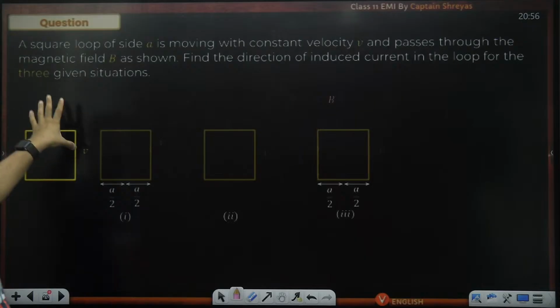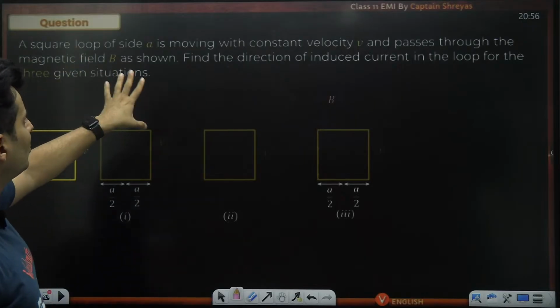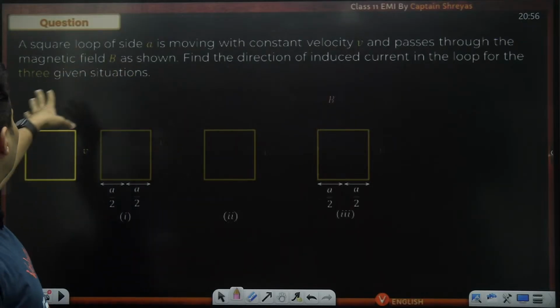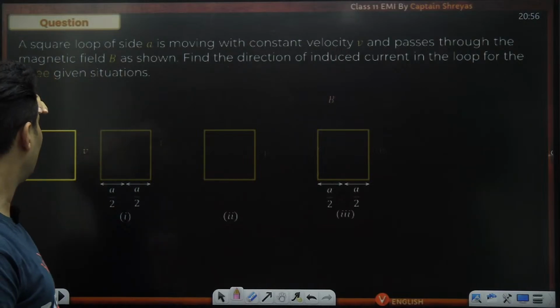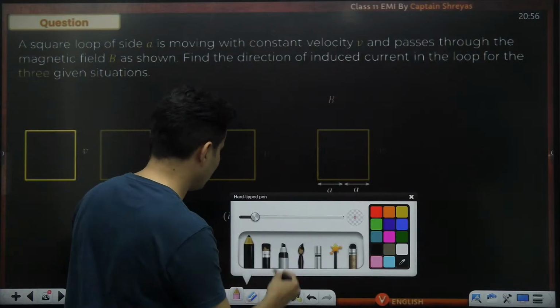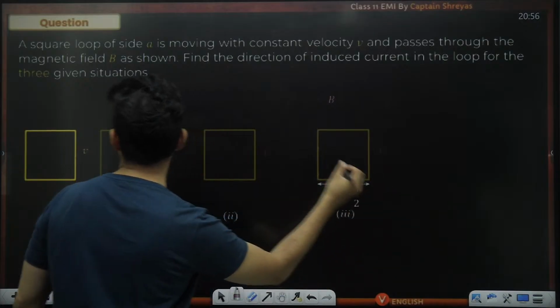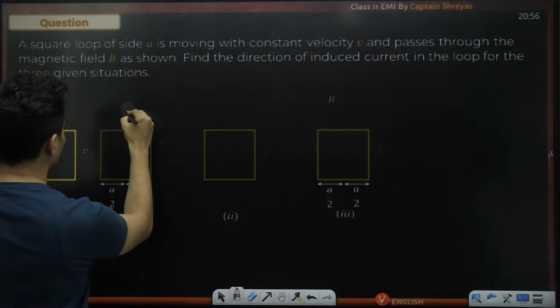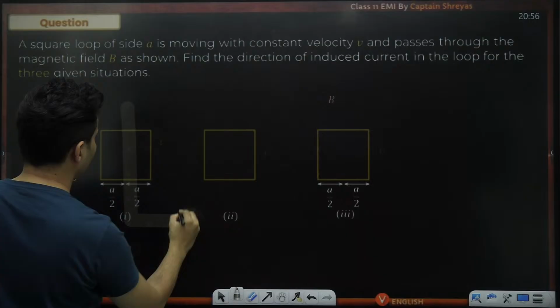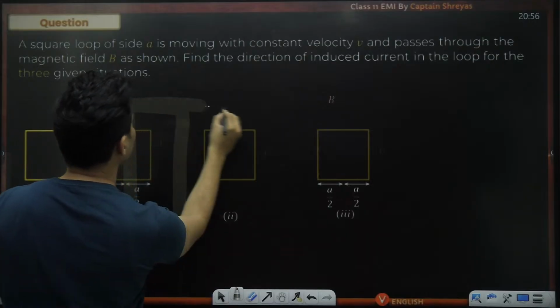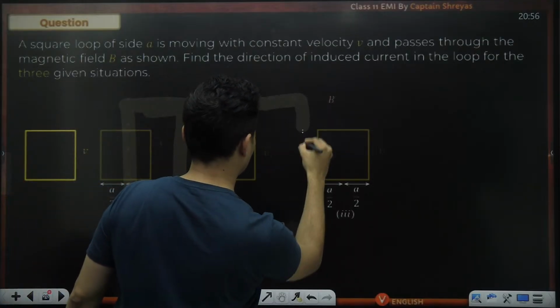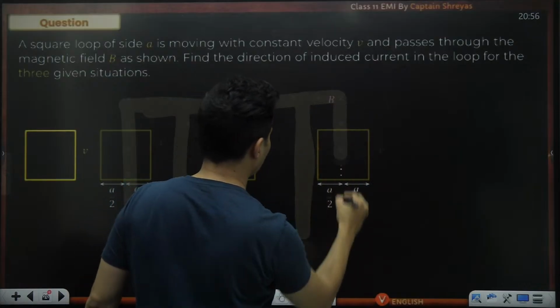There is a square loop of side A which is moving with a constant velocity and passes through a magnetic field B as shown. Now, I don't think you're able to see that magnetic field, so let me just mark it over here. This is where that magnetic field is present, till here.